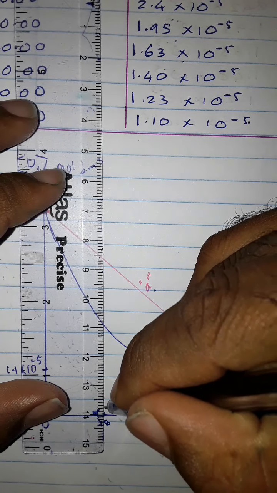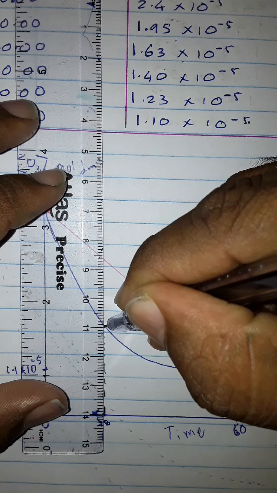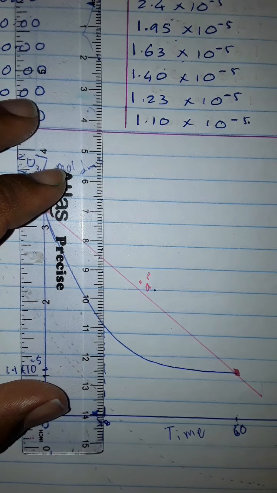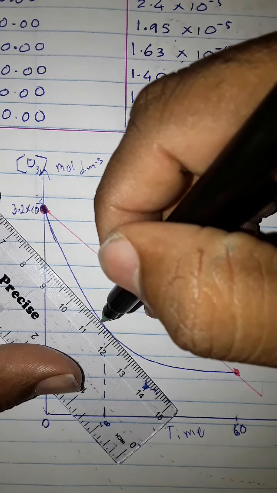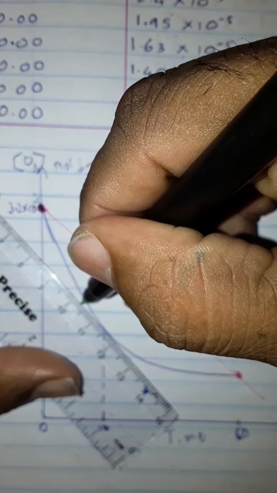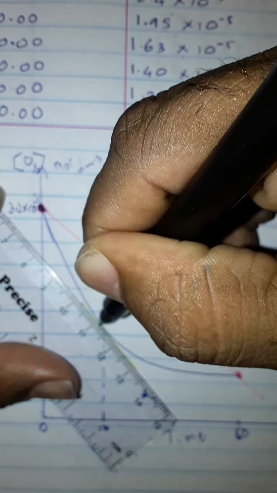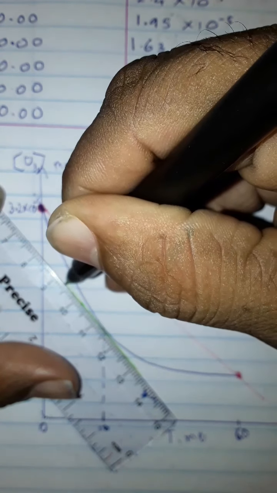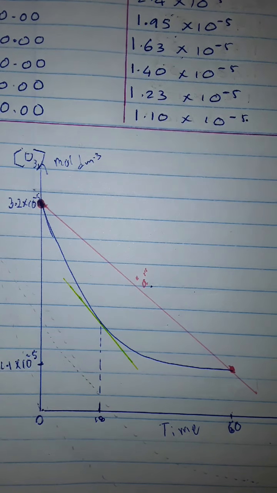I will expand that line from that 18th second, and then I will draw a tangent like this from that place.